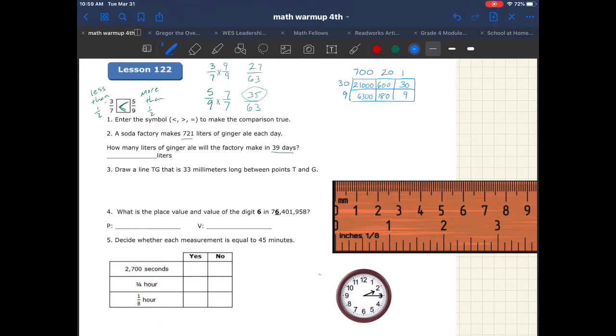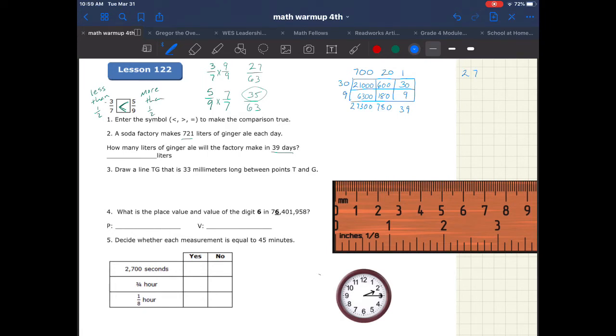Let me see, I think I will add the columns this time. So I've got 39, I've got 780, and 27,300.